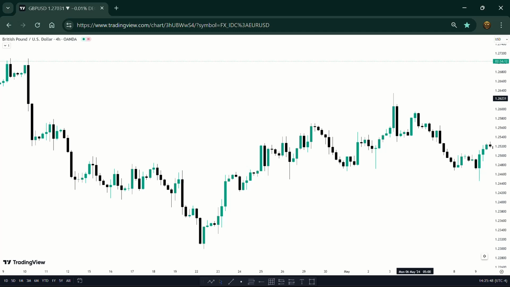All right, so on the real chart, this is the GBP USD, the 4-hour chart. Even before I point them out, you can clearly see some of the single candle order blocks.